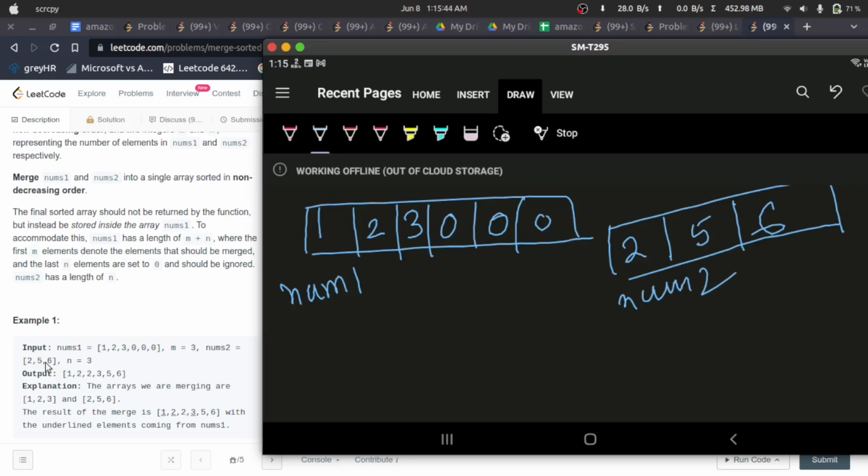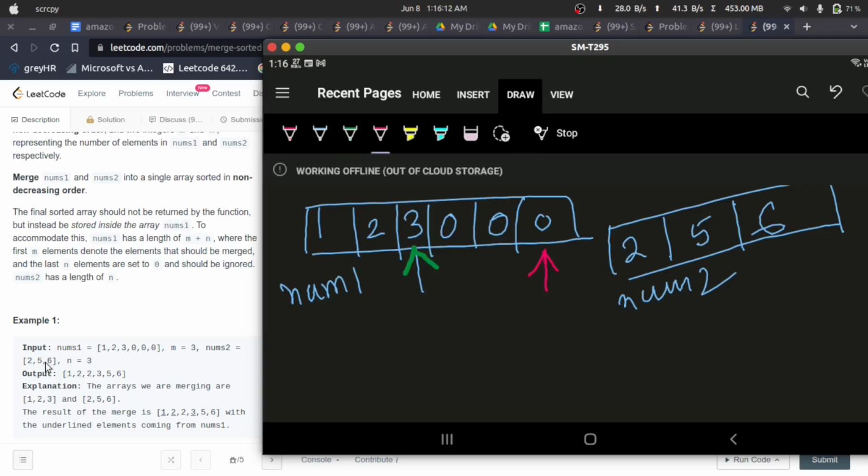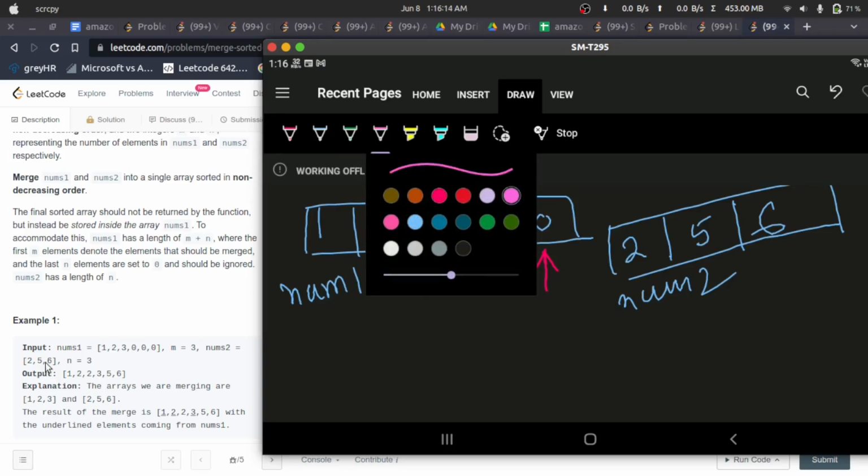So my approach is that I am putting a pointer here, I am also putting a pointer there, and I am putting another pointer there.